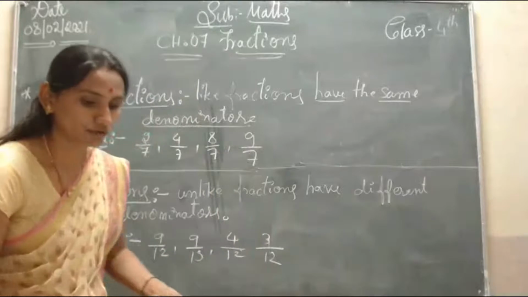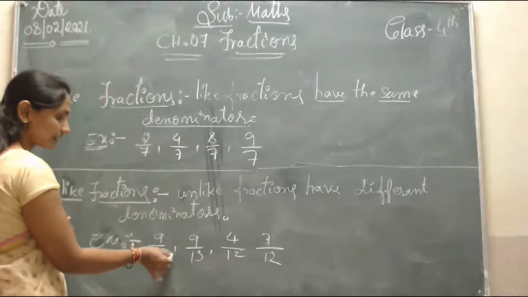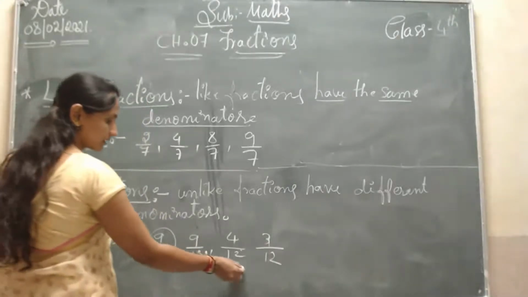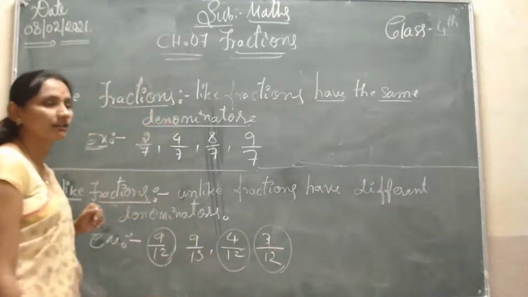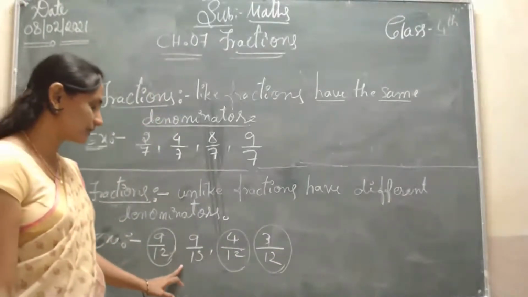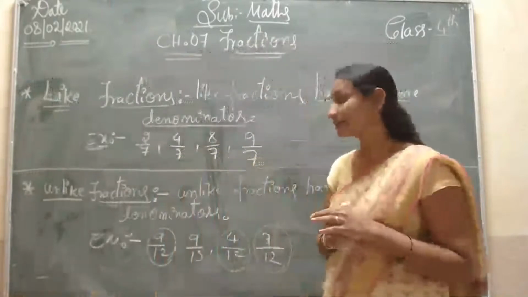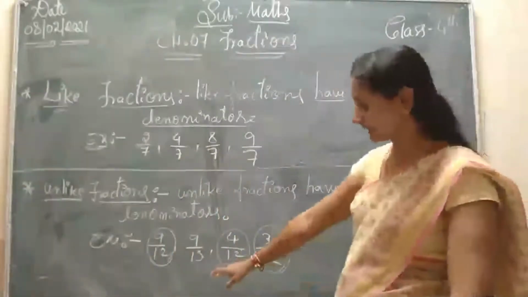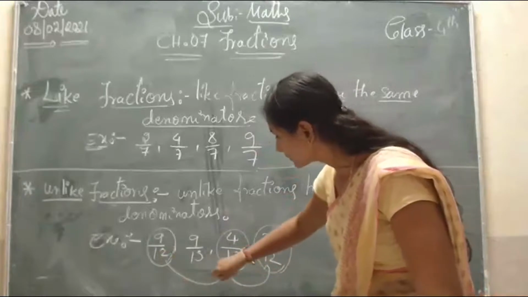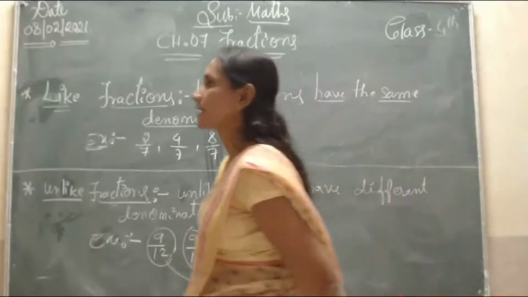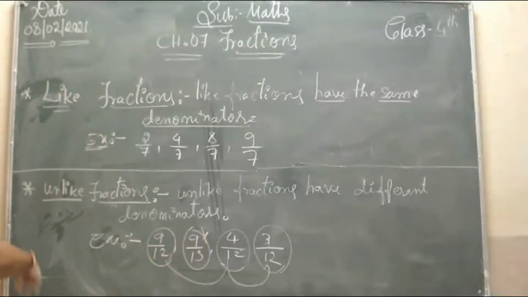You have to recognize and circle which is an example of like fractions. 9 by 12 is an example of like fractions. 4 by 12 is an example of like fractions. 3 by 12 is also an example of like fractions. But see, students, 9 by 13 is not an example of them. Why? Can you see the denominator? The others have the same number, but here it is 13, a different number.